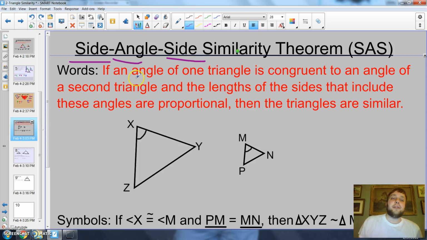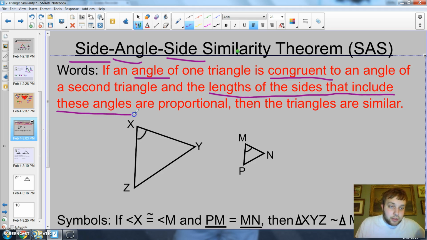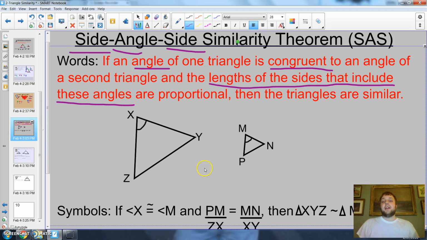Now, this one says if one angle is congruent, and the lengths of the two sides that include this angle, meaning the sides that are attached to that angle, are proportionate, then we're good.